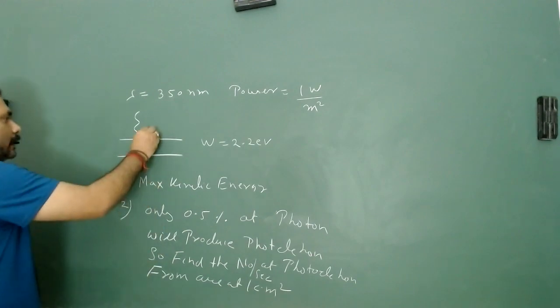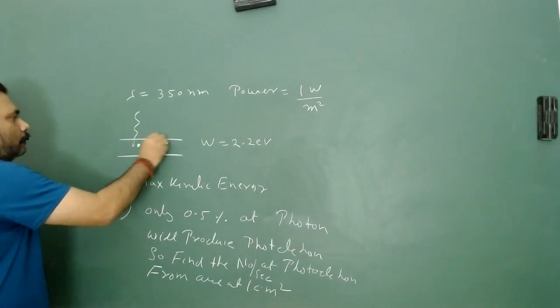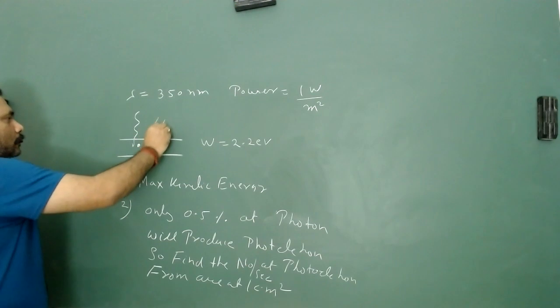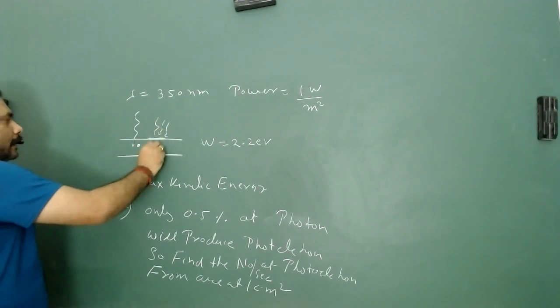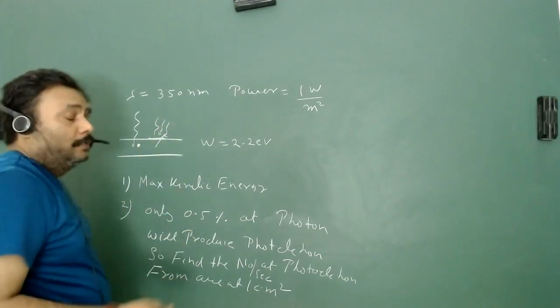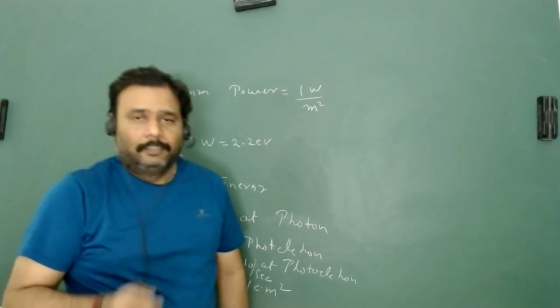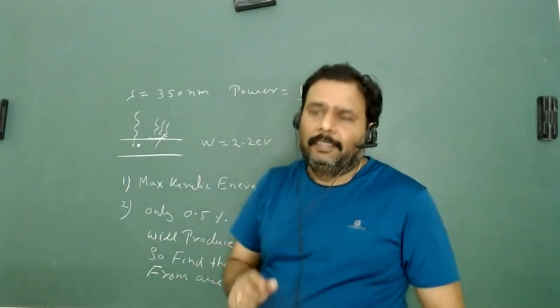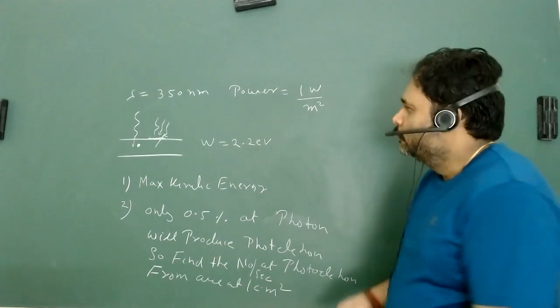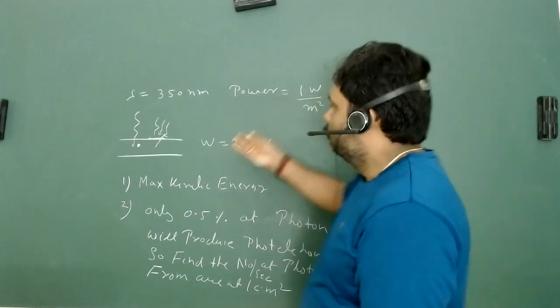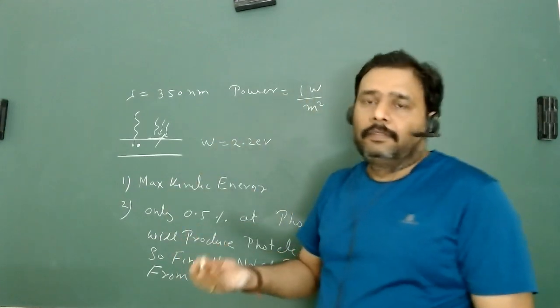Suppose this is the area of 1 centimeter square. These photons are coming here and they will eject the electrons. So we have to calculate the number of electrons. The second question is very interesting, the first is very trivial. But we have to use the information of the first in the second one.